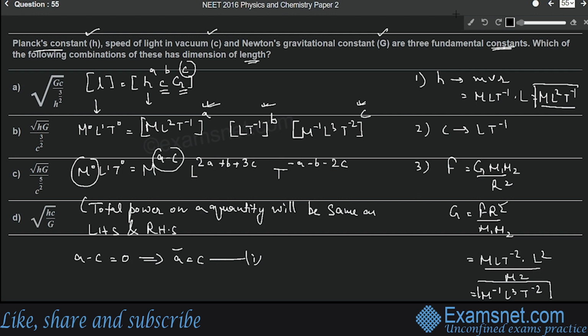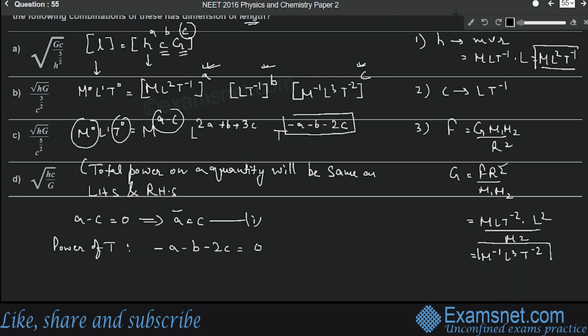Now if we compare the power of t, what is the power of t on the left hand side? It is 0. On the right hand side, it is minus a minus b minus 2c. So minus a minus b minus 2c equals 0. Let's solve this. We can say that minus a minus b minus 2a equals 0, because from equation 1 we have seen that a is equal to c.